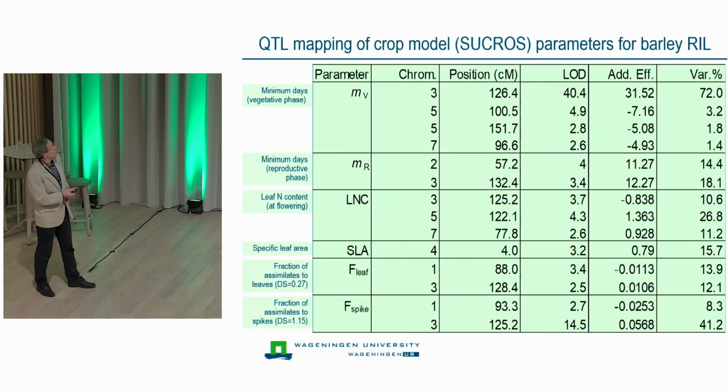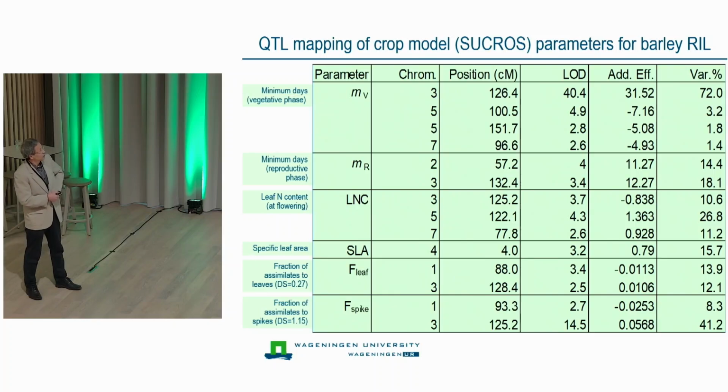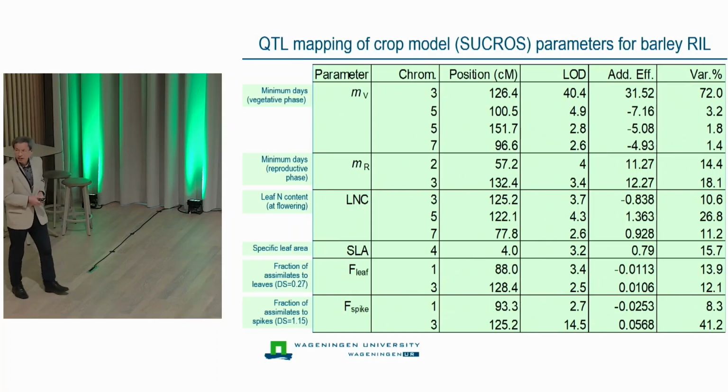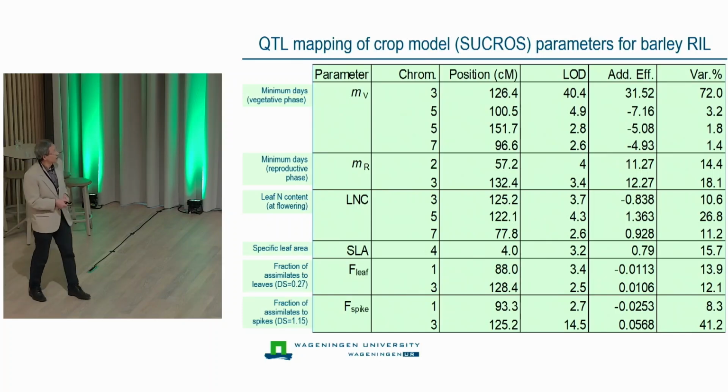The last column shows the percentage of phenotypic variation accounted for by the QTLs identified. You can see that for some input parameters, the percentage explained was higher than for other parameters, especially the so-called partitioning coefficient.